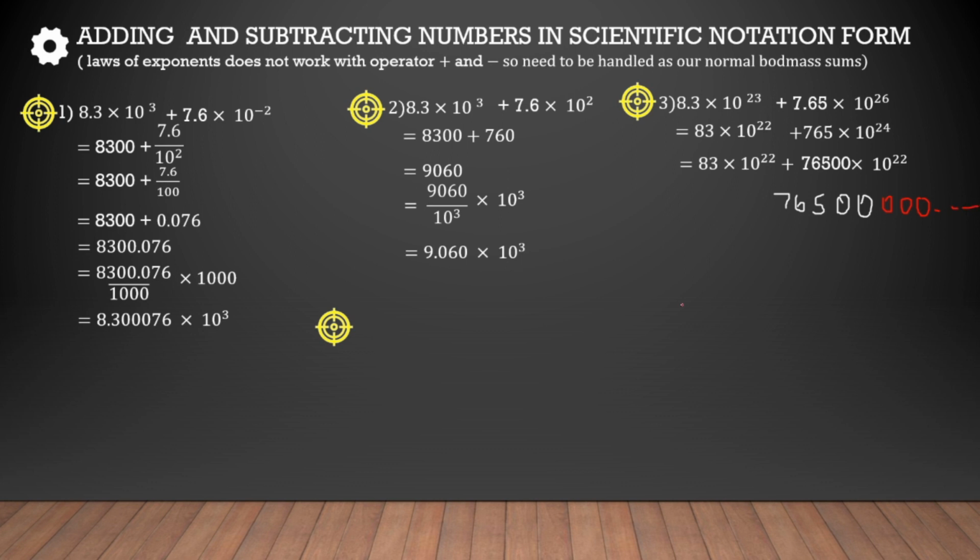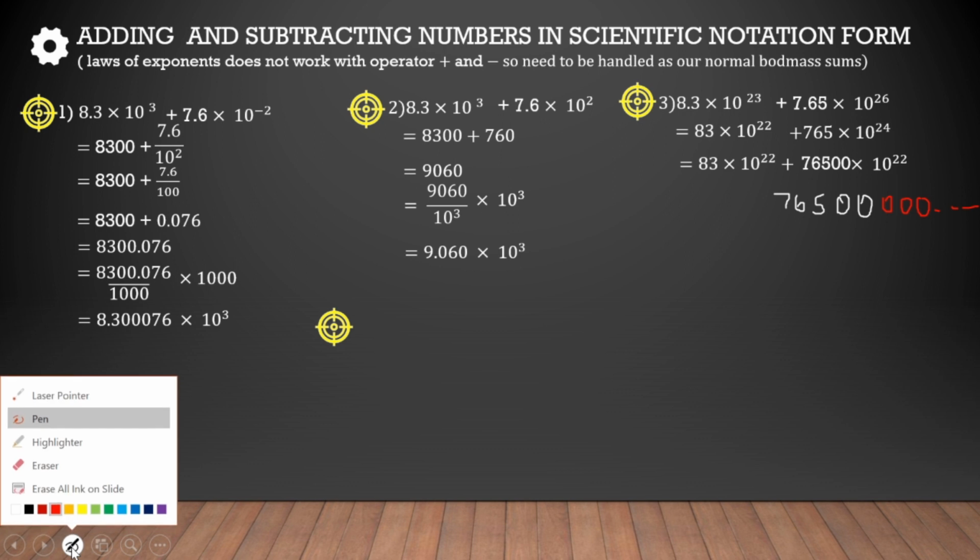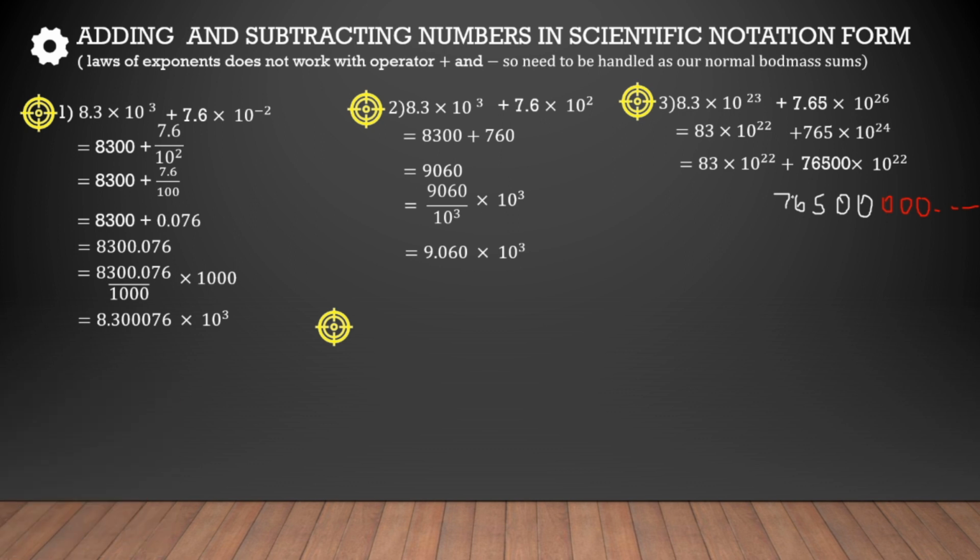I'm not going to write them. And what is this? This is 83 followed by 22 zeros. So where should I write 83? I know these are 22 zeros and here also there are 22 digits, these red ones. So I got to know that I have to write 83 here.